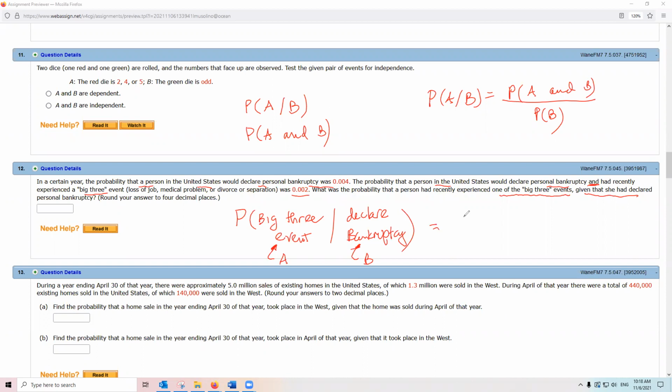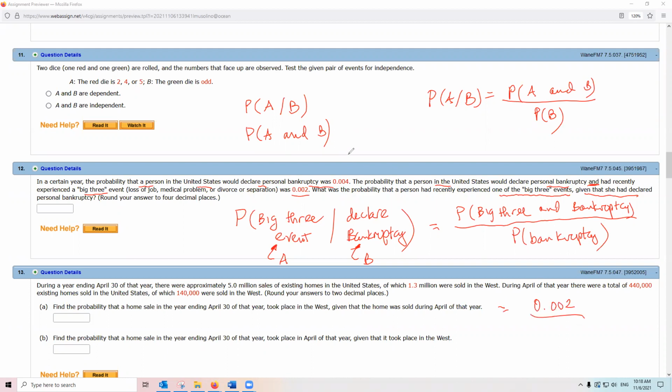Well, according to our formula, I'm going to write this as the probability that someone has a big 3 event and declared bankruptcy over event B. Well, event B is the probability that they declare bankruptcy. Well, they really gave me these probabilities in the problem. This and probability was given as 0.002.